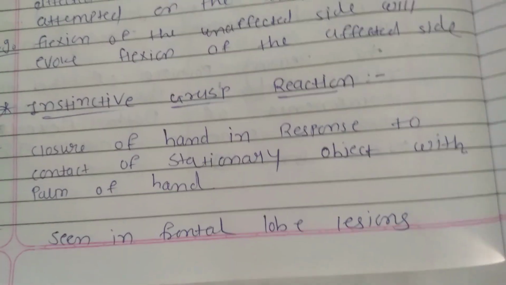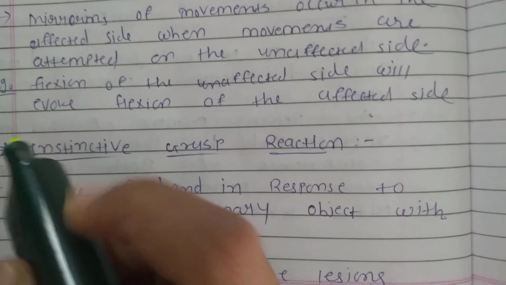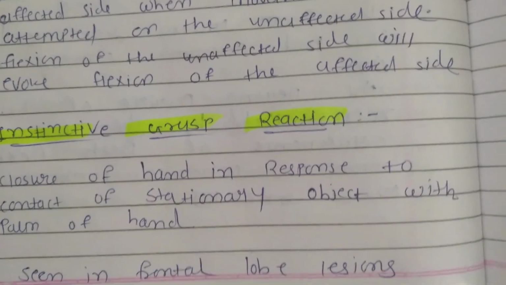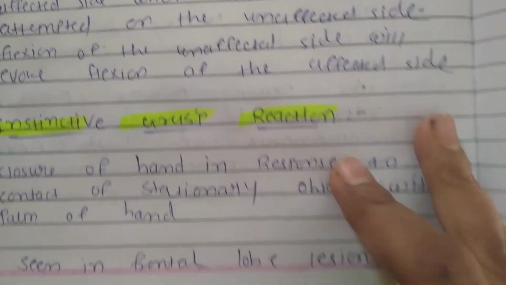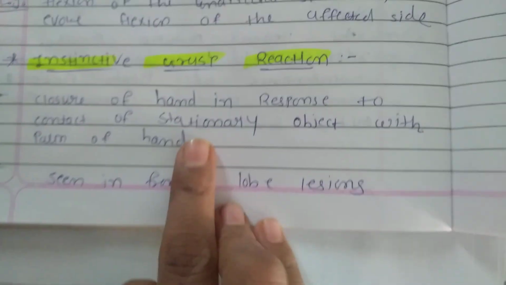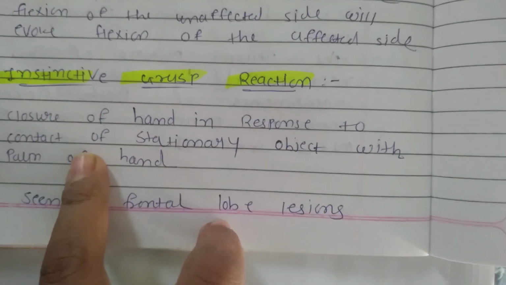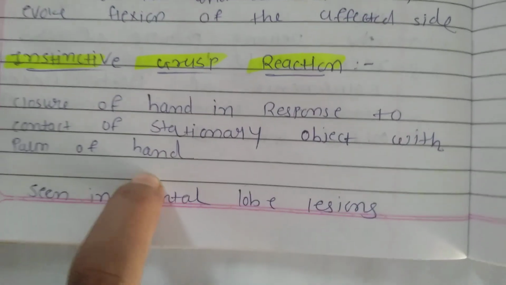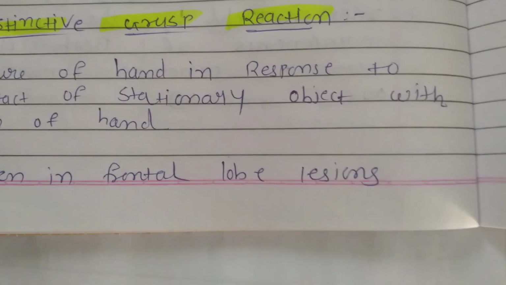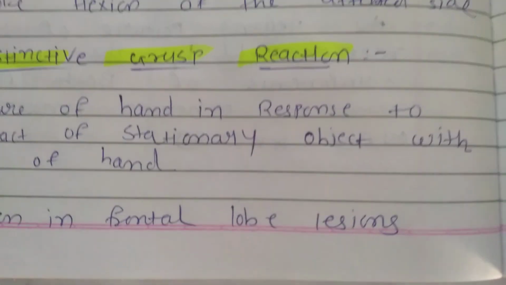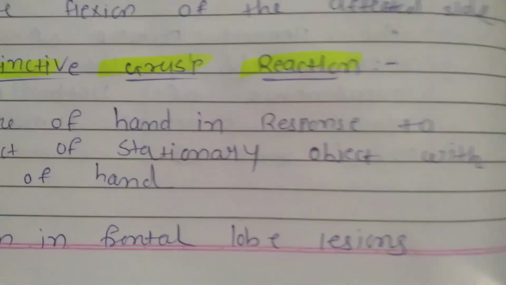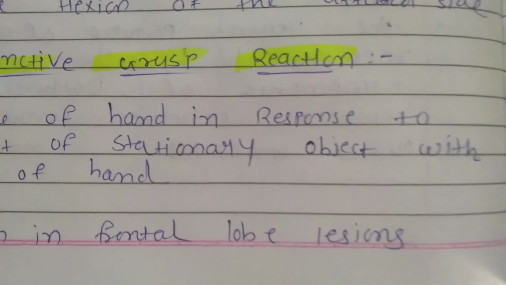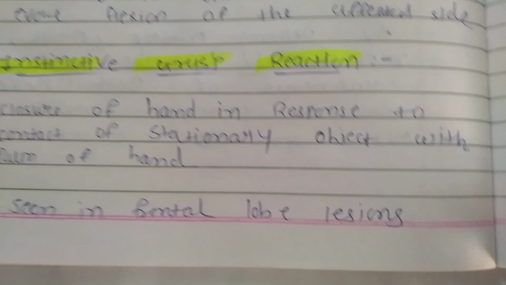And instinctive grasp reaction. As we can understand from the name, grasp means there will be a grasping movement. Closure of the hand in response to contact of a stationary object with the palm of the hand. This is commonly seen in a child: if we give a finger, the child will do flexion of the fingers.